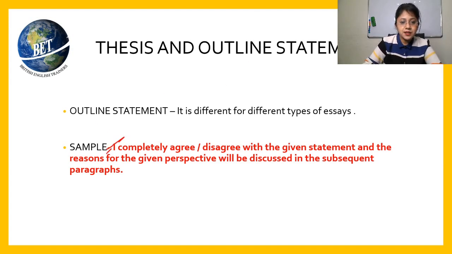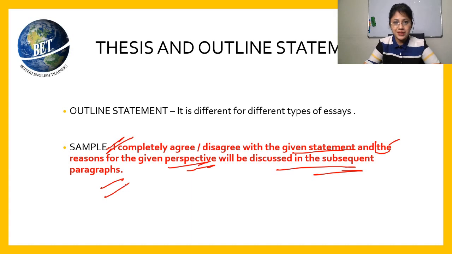I completely agree, disagree with the given statement is your thesis statement. If you would have said, I partially agree, partially disagree, that too could have been your thesis statement. And the reasons for the given perspective will be discussed in the subsequent paragraphs would be your outline statement.